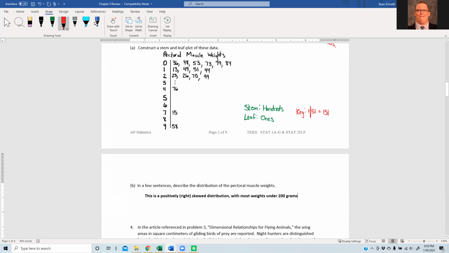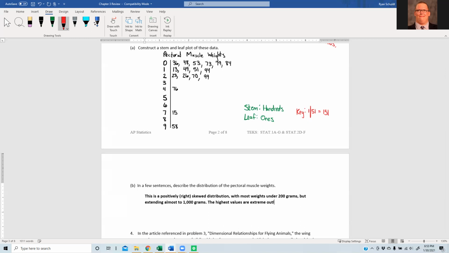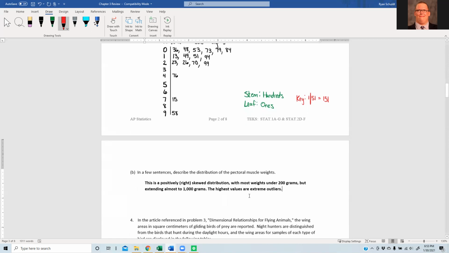So even though I could technically say most weights under 300, most of my weights are under 200 grams. But they extend almost to 1,000 grams. We're at 958. The highest values are extreme outliers. Okay, so there. Well, we needed only 2 sentences.